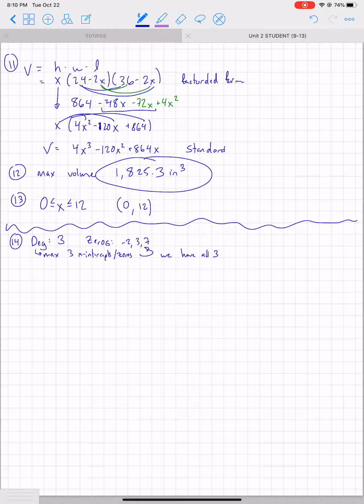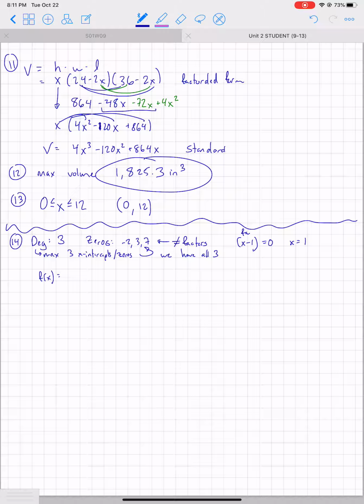So now we need to write this into factored form. This is the easy part. We will then have to distribute after that, which is not the easy part. We have these 3 zeros, which are not the same as factors. The difference is, remember, if we had x minus 1, we would set that equal to 0 to get x equals 1.